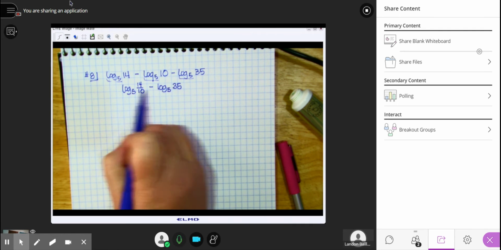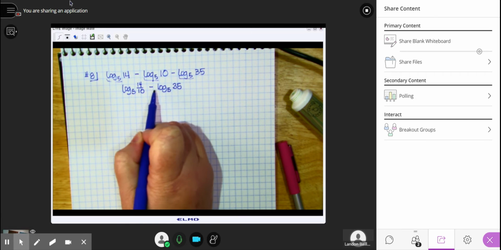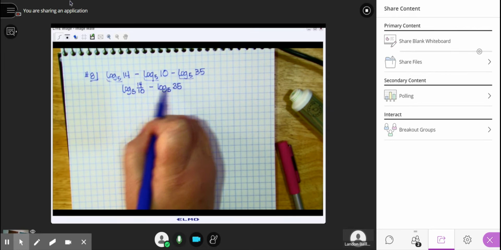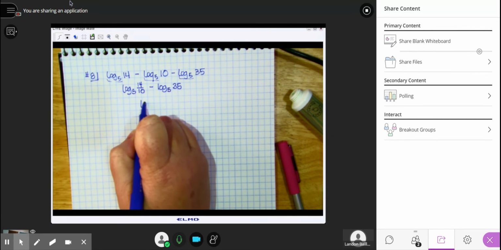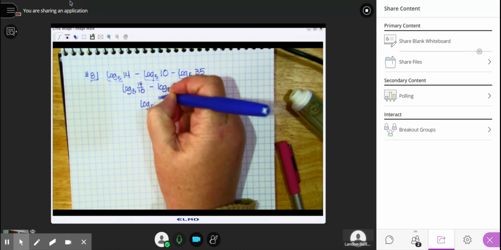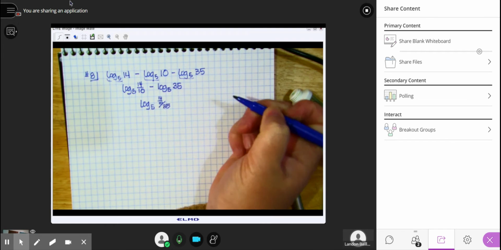Now, these are both log base 5 again, and this is subtraction, so we should be able to divide again, right? So we've got 14 over 10, which we're going to divide by 35.